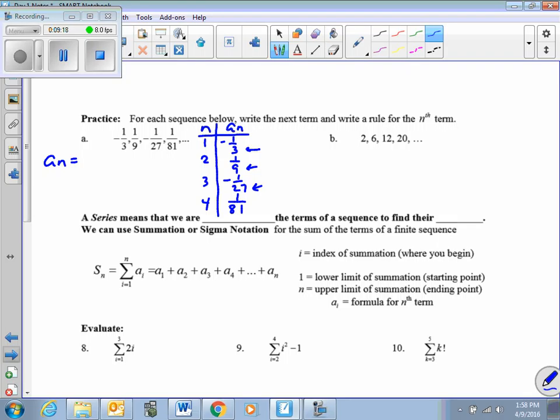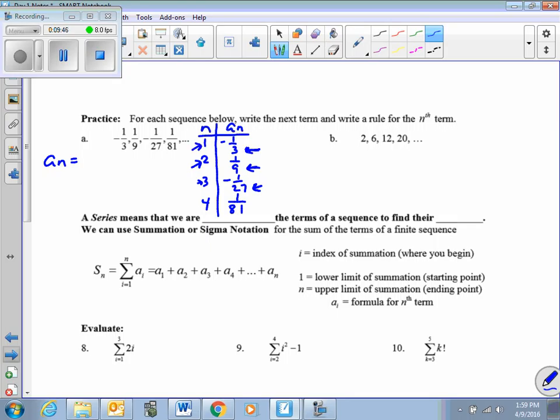So how do those denominators relate to n? Well, it looks like I'm raising 3 to the power of n, right? Because if I got 3 here, think about 3. If I raise 3 to the power of 3, I get 27. Here, if I raise 3 to the power of 2, I get 9. If I raise 3 to the power of 1, I get 3.